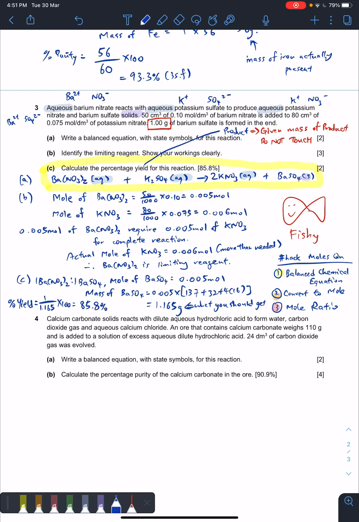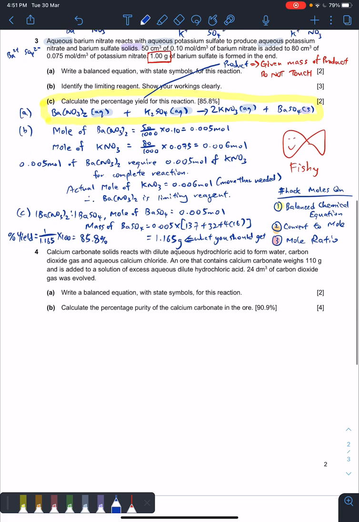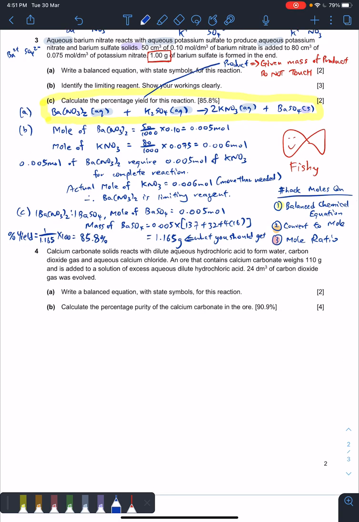All right. So let's repeat for the very last question, just extra practice for you. So you can pause it and attempt this question.